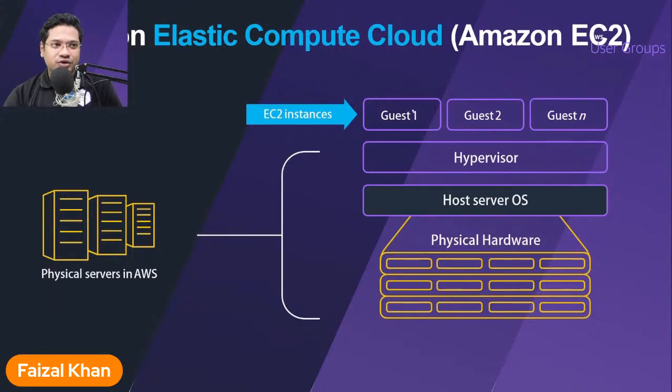Of course, you can select a Windows EC2 instance or a Linux EC2 instance. The hypervisor ensures that there is no interruption between these instances. So this might be your instance, this might be someone else's instance, right? We will talk about how that separation takes place. But essentially, you get to run your own server, which is a virtualized server, not a physical server.